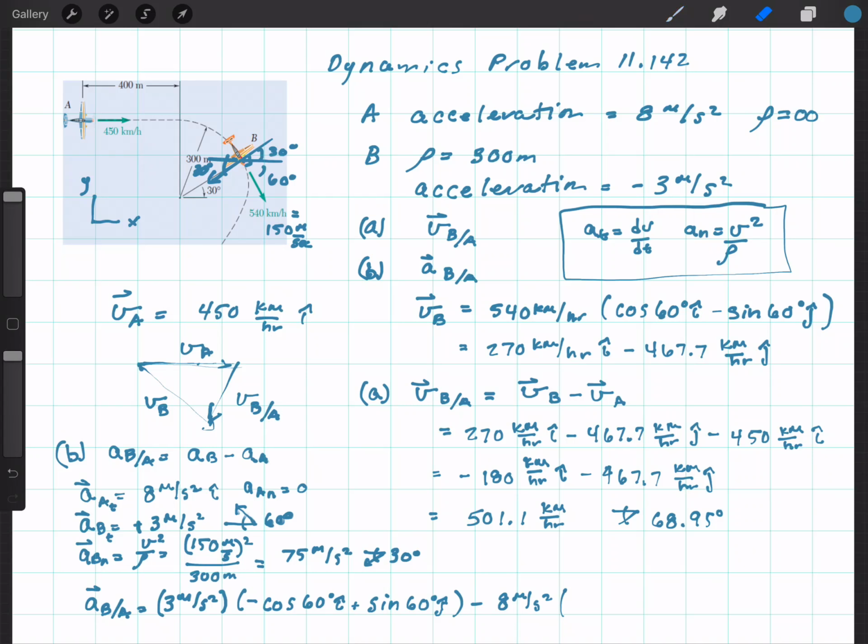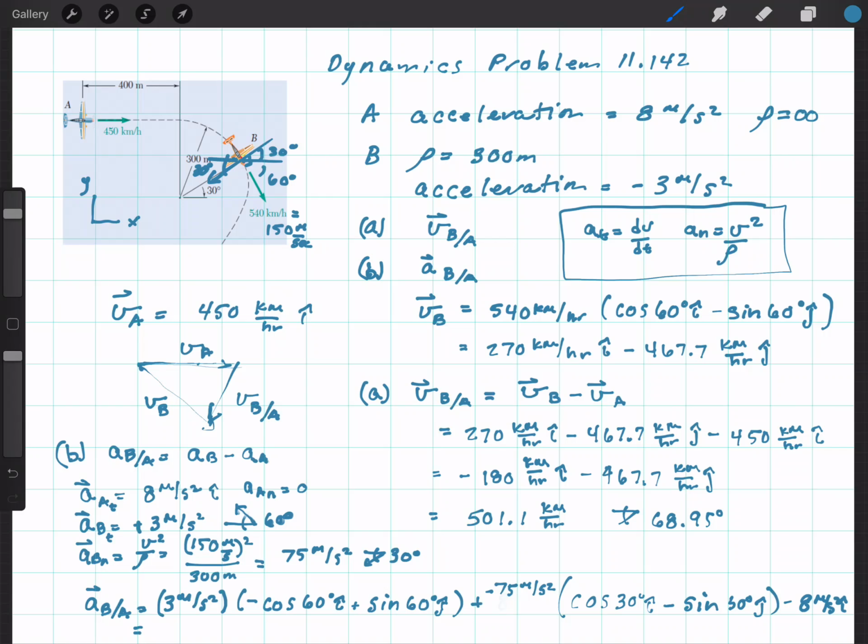I made a mistake here, so we'll just go back and erase this, and that is just the tangential component. I missed the plus 75 meters per second squared times the cosine of 30 degrees i, minus the sine of 30 degrees j. That's actually just vector B, and then from that we're going to subtract the vector for A, which is minus 8 meters per second squared in the i direction.